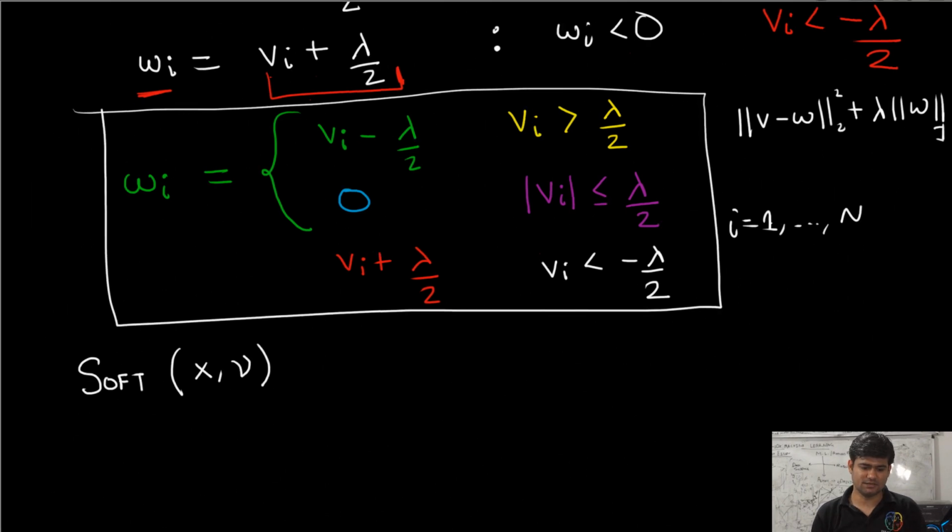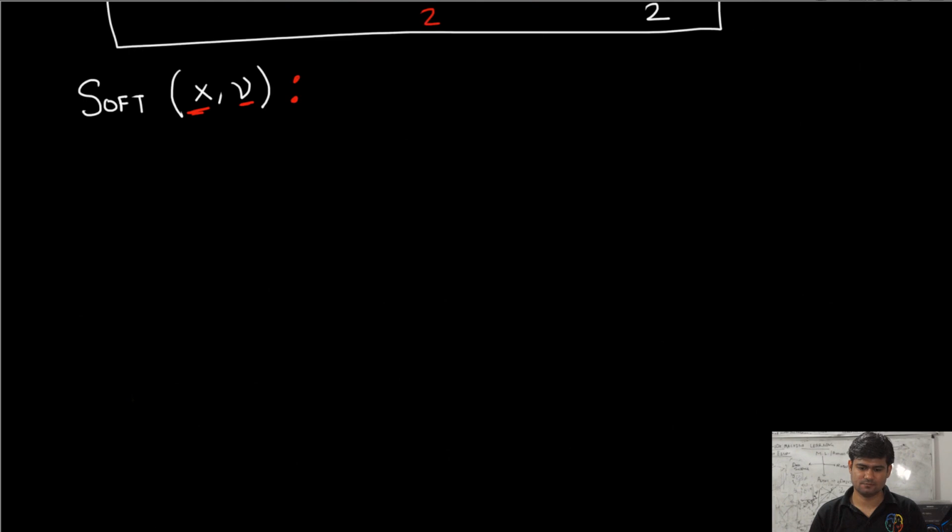So soft takes two arguments x and nu and is defined as x minus nu for x greater than nu.